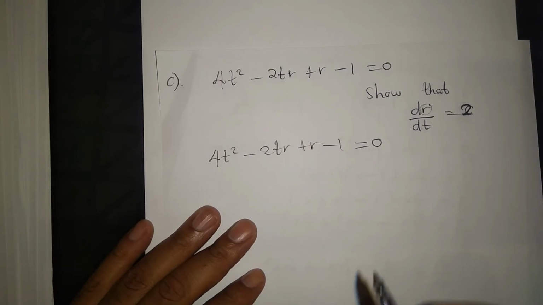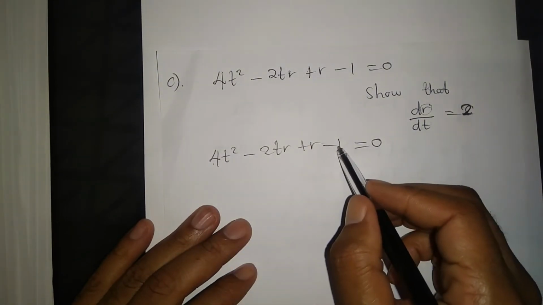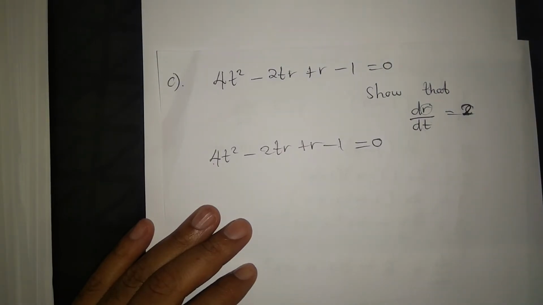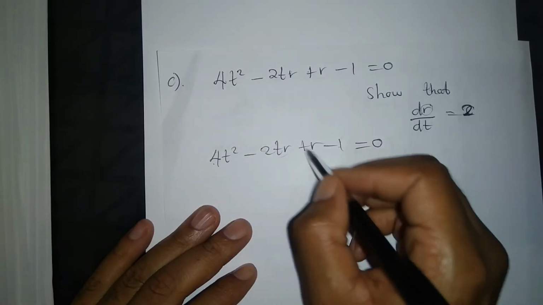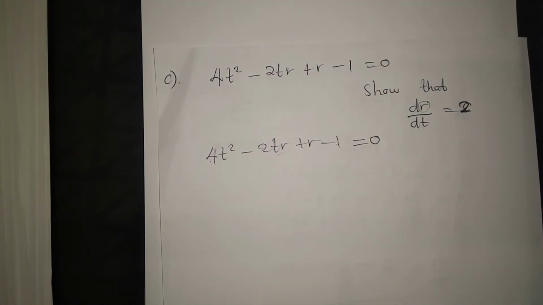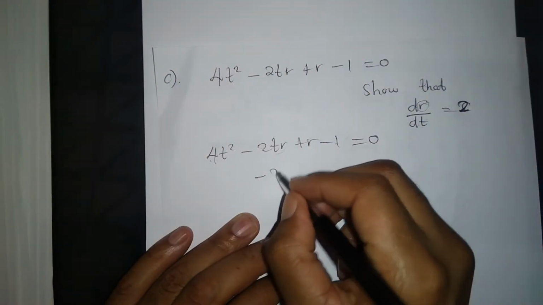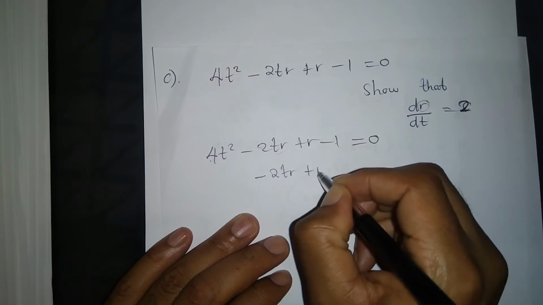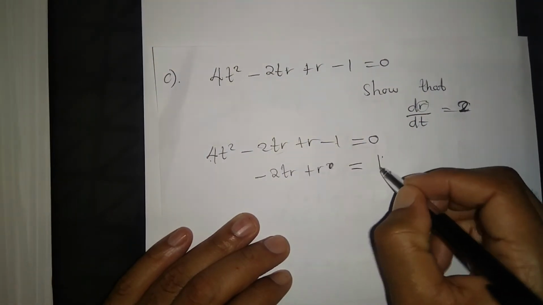So the first thing I am going to do here is move the 4t squared and the minus 1 to the right hand side. Why? I want to be left with the terms with r only, so that I can take r out as a common factor. So I remain with minus 2tr plus r equal to 1.